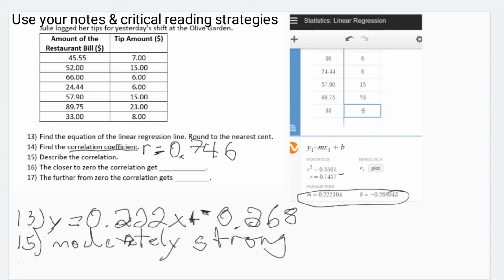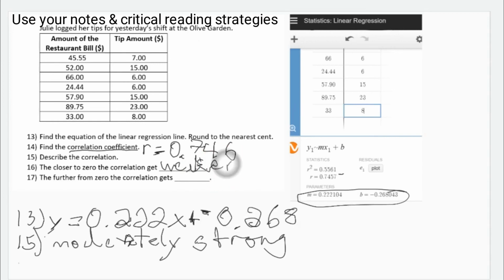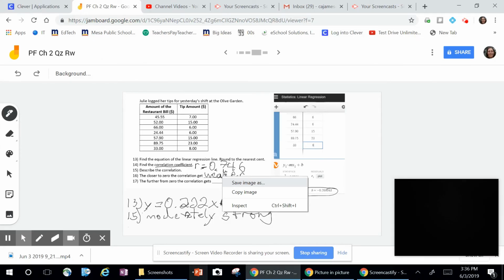And the closer it gets to zero, the correlation gets weaker. The further it gets from zero, the correlation gets stronger. So that means the closer it gets to 1, it's going to get stronger.